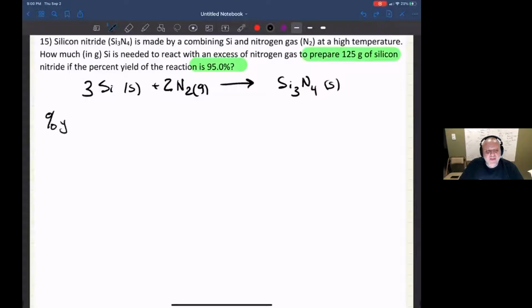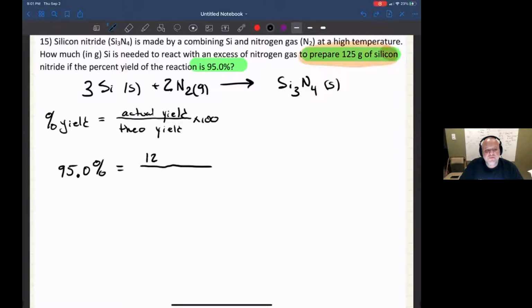So we can write down the percent yield formula. Percent yield equals actual yield divided by theoretical yield times 100. If I put this information into this formula, I get 95% equals the actual yield, here 125 grams of silicon nitride, over some theoretical yield.